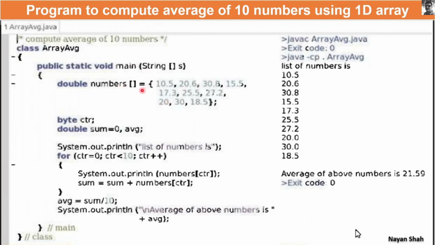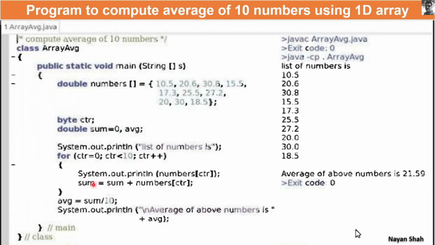Now remember this program. If we have no concept of array in programming, then how would you have stored these 10 values? Then you have to take 10 variables like double number1 is equal to 10.5, double number2 is equal to 20.6, double number3 is equal to 30.8, and so on. 10 times you need to create variables, which is very time consuming.